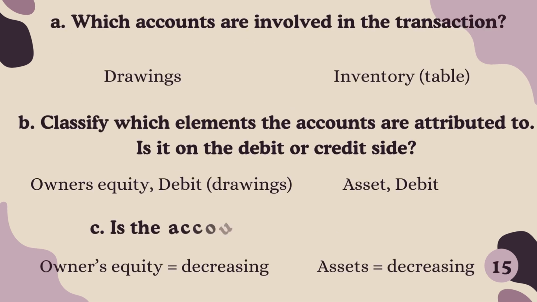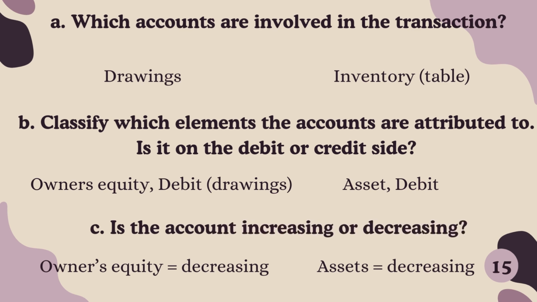Is the account increasing or decreasing? So because you're taking away something from the business, the owner's equity decreases. Your investment that you made in the business decreases. And because the assets are also being taken away from the business, assets decrease as well.